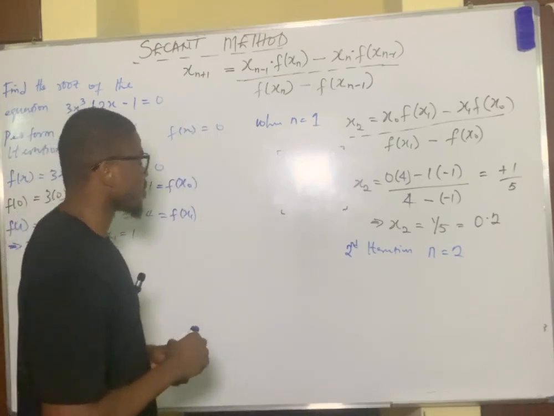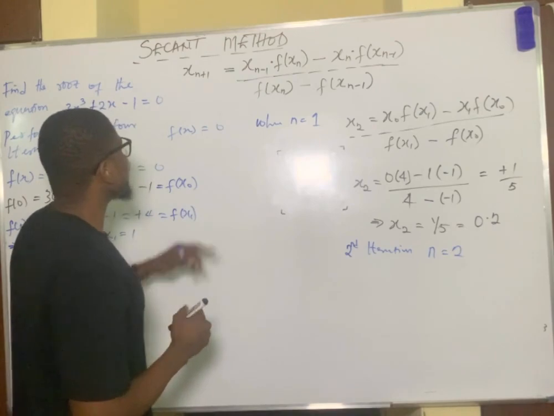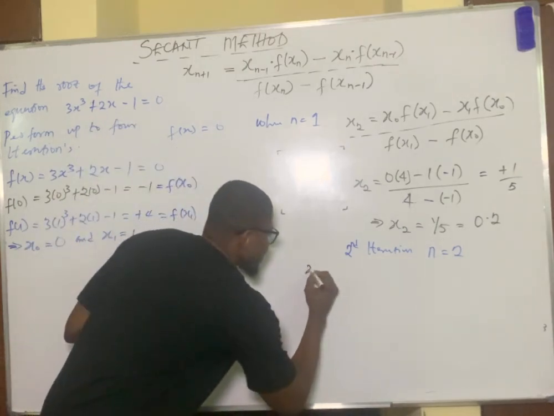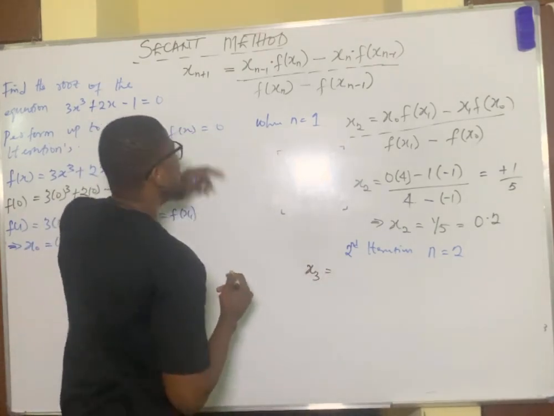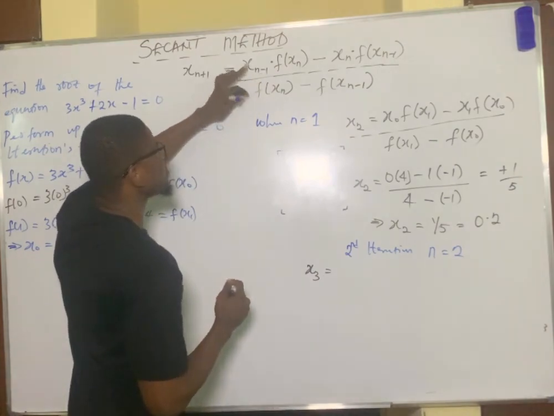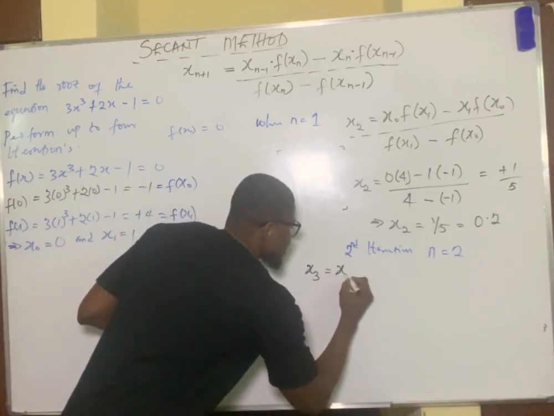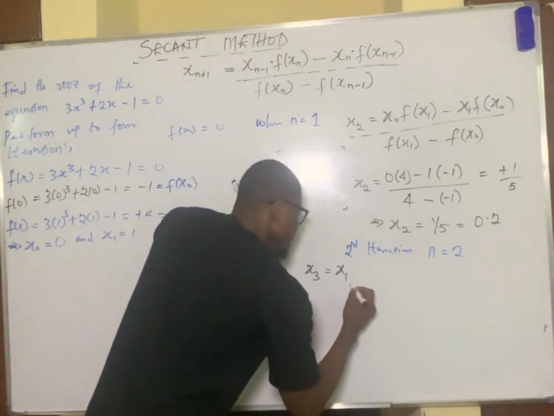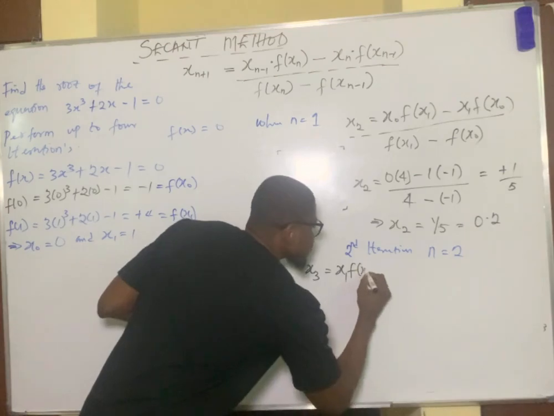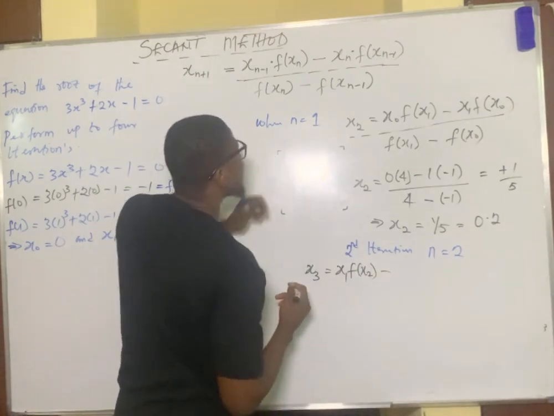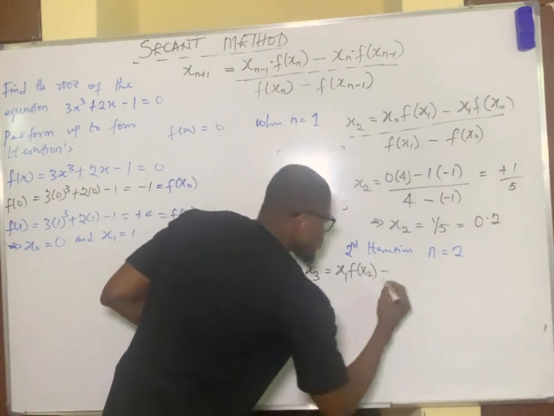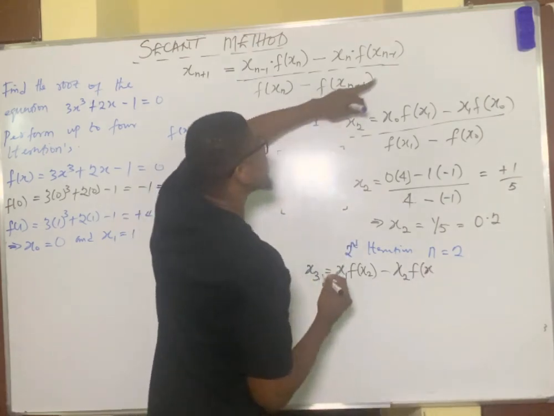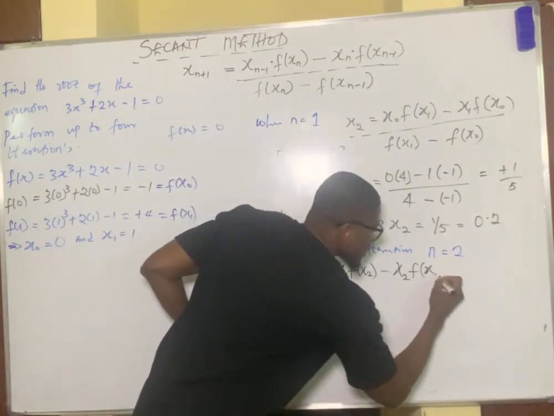So xn plus 1 here becomes x2 plus 1, that simply gives us x3. x3 equals xn minus 1, that becomes x2 minus 1, which gives us x1, multiplied by f of xn, and n is 2, so f of x2, minus xn, once again n is 2, so it becomes x2 multiplied by f of xn minus 1, that's 2 minus 1 gives us 1, f of x1.